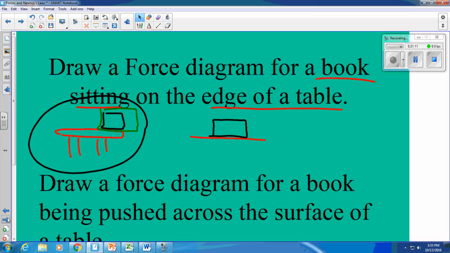So what are all the forces affecting this box that is sitting on the table? Well, I know that gravity affects everything. I know that gravity is going to pull it towards the ground. So I'm going to say force of gravity is affecting it downward. Well, I also know that if you look carefully at this picture, right here there is contact.